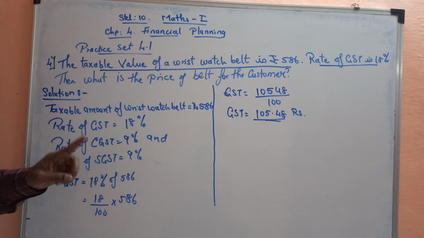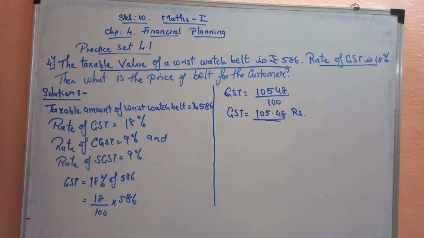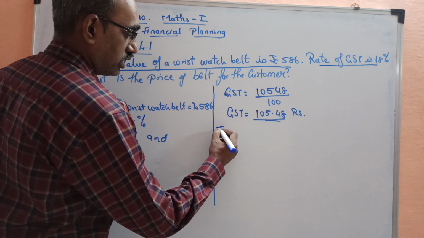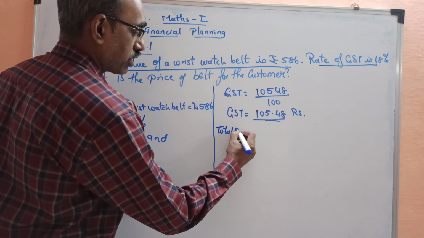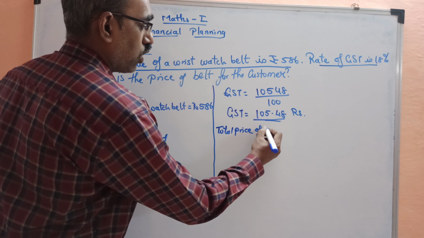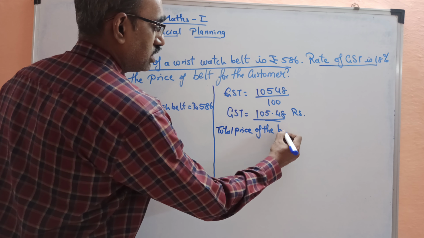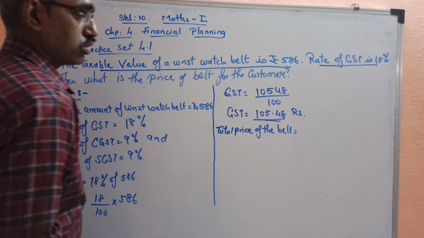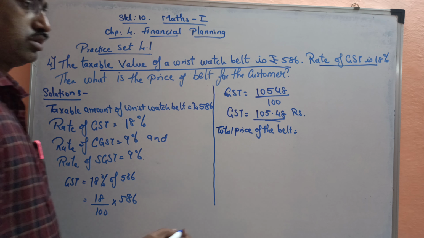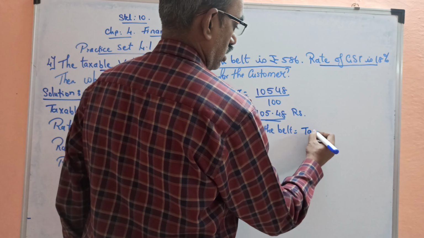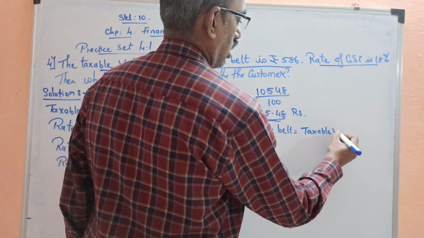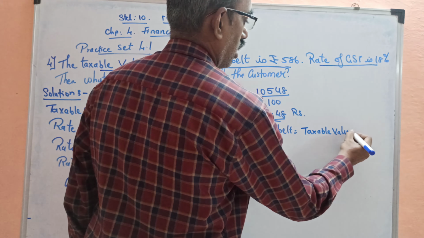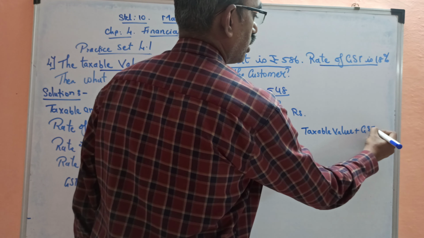So complete bill, how much? So what is the price of the thing, belt, what he is going to take? So over here we have to write total price of the belt is equals to, that is the taxable value, plus GST.